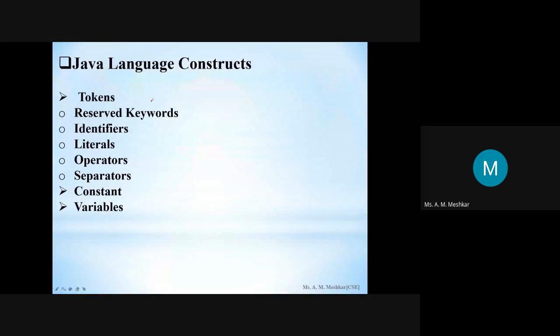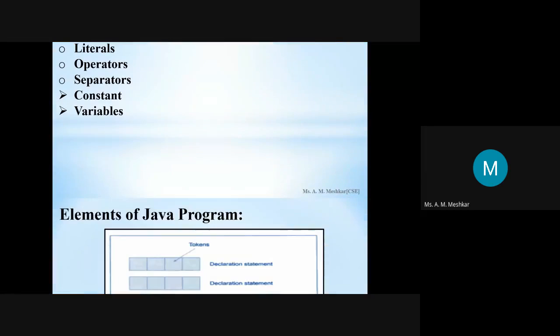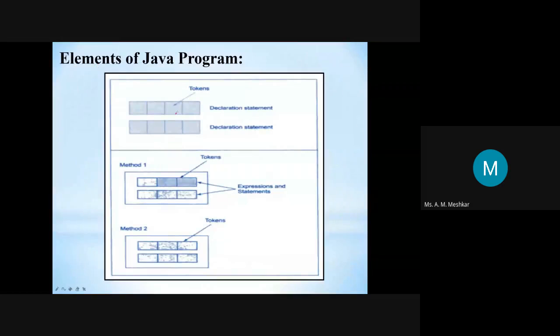Then we started tokens. As you can see, here are the elements of the Java program. So a Java program is basically a collection of classes. Classes are a collection of methods. A method is a collection of expressions and statements, and each expression is made up of tokens. So an individual unit of the program is known as a token.